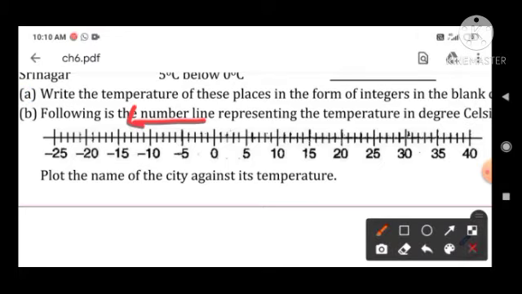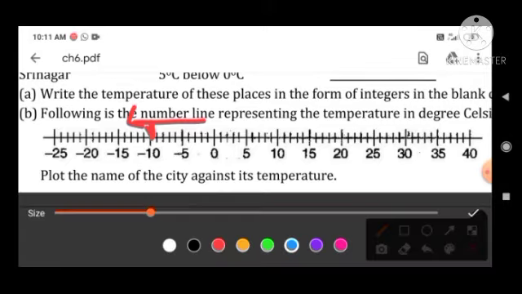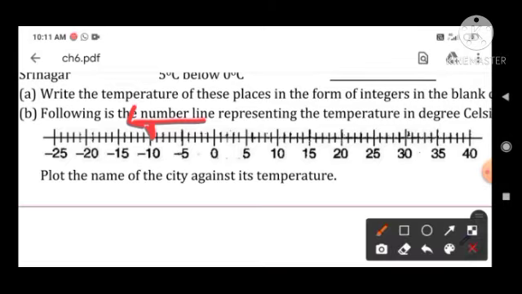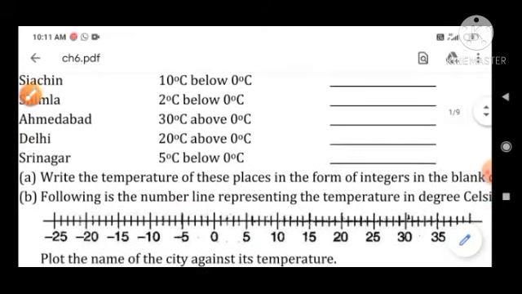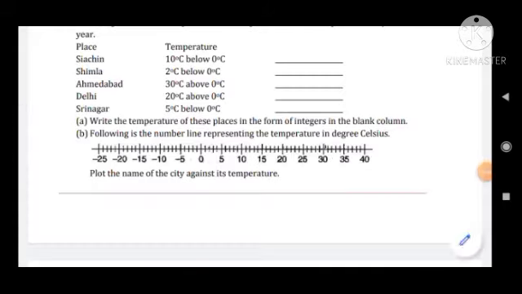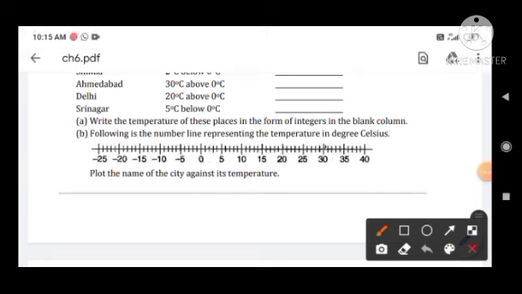So 10, where is 10? We can see here, isn't it? So this part, so you can see this one, isn't it? Now next is Simla, isn't it? It is 2 degrees Celsius below 0.